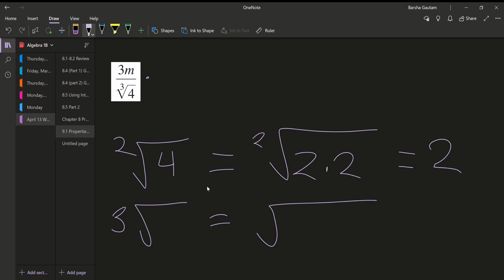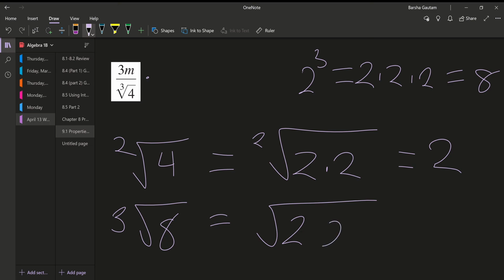So let's try 2 to the power of 3. Let me do this over here. 2 to the power of 3 is 3 2s. 2 times 2 is 4, and 4 times 2 is 8. So if we have that, it's the same thing on the top, just another 2.